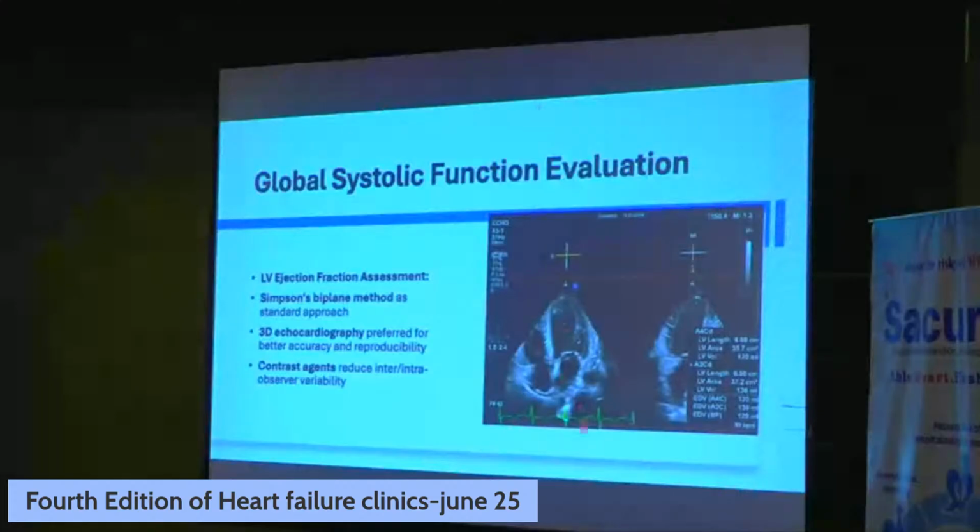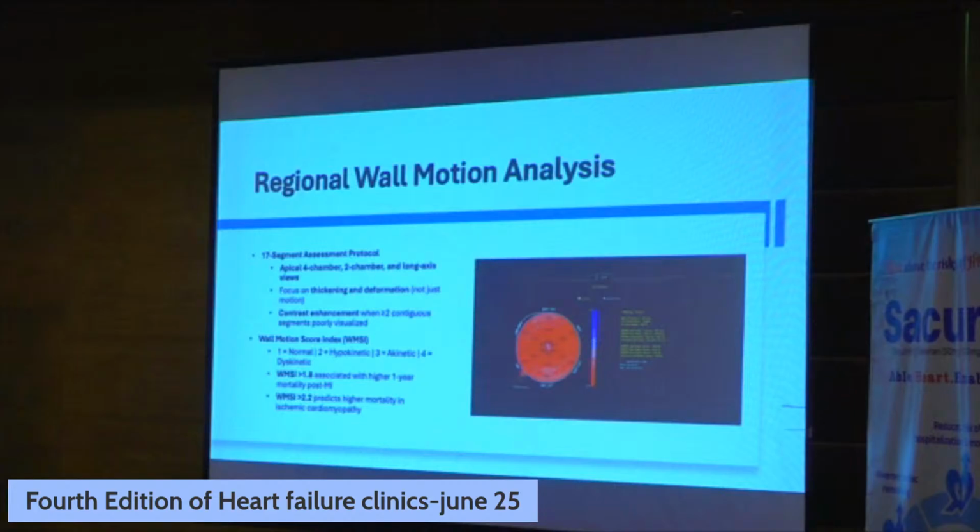So contrast echo, 3D echo, and Simpson's biplane are the various ways in which we can estimate the global left ventricular function. But if you go back to this picture, you have the 17 segments, and each segment has a different number. So here you can estimate the regional ventricular function.